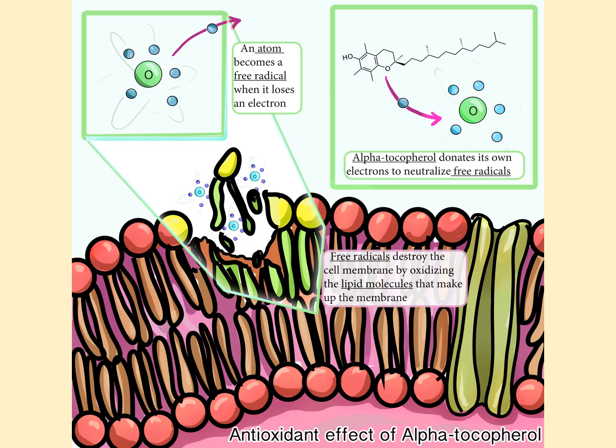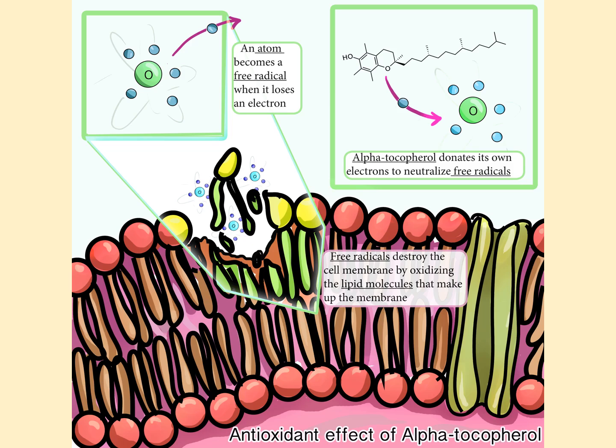So when we talk about antioxidants and having these free radical scavengers, what happens is an atom can become a free radical essentially when it loses an electron. That can happen for multiple different reasons. Some sort of damage to the tissues can cause these free radicals.